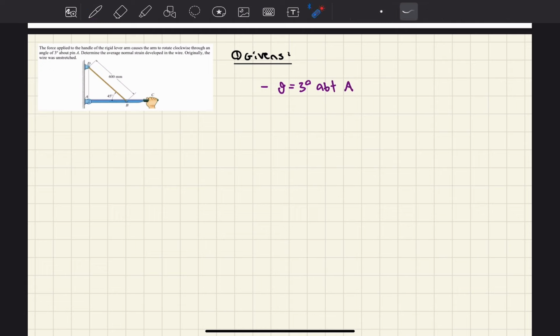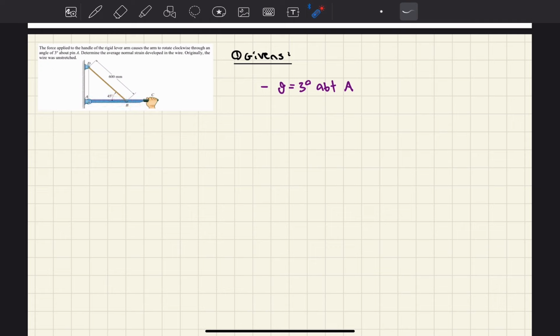What other notes are we given in this question? Well, we are given that this bar is rigid, and that is very important because it's basically an assumption that we have. If it's not rigid, we don't know if it's going to bend, and that will have some effect on the strain in this wire if this deforms in any way.